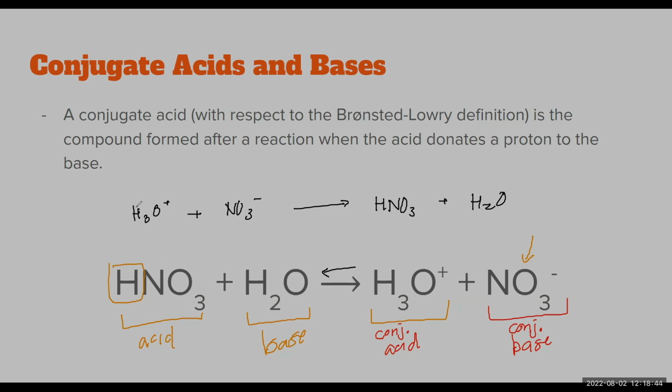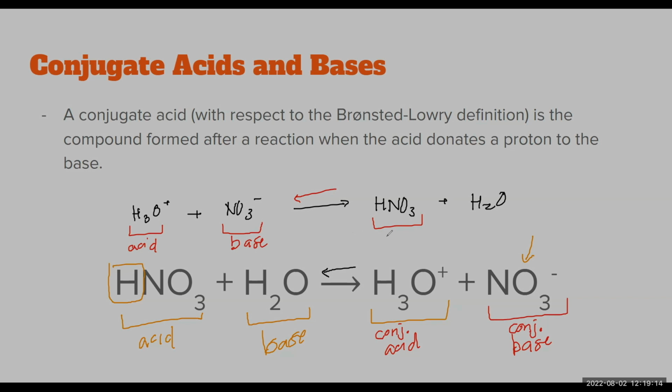So if we look at it, we can see that H3O+ can donate that hydrogen to NO3- to form HNO3. Because it can donate the hydrogen, this can function as the acid. And this, because it accepts the proton, functions as the base. Making this, if you look at the reverse direction, it can actually donate that hydrogen back to the water.